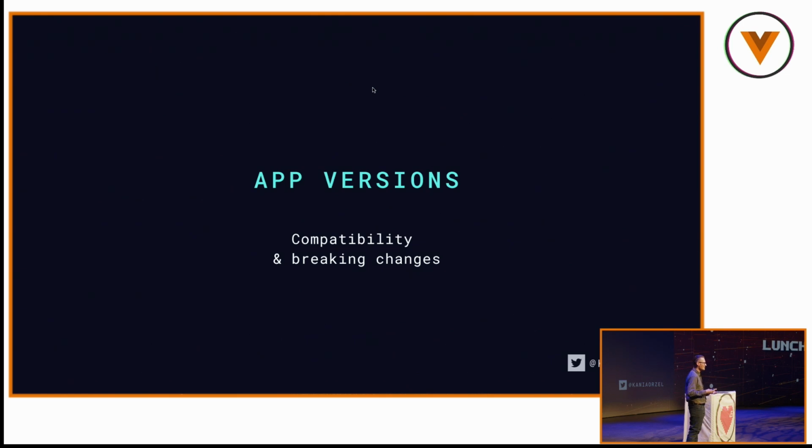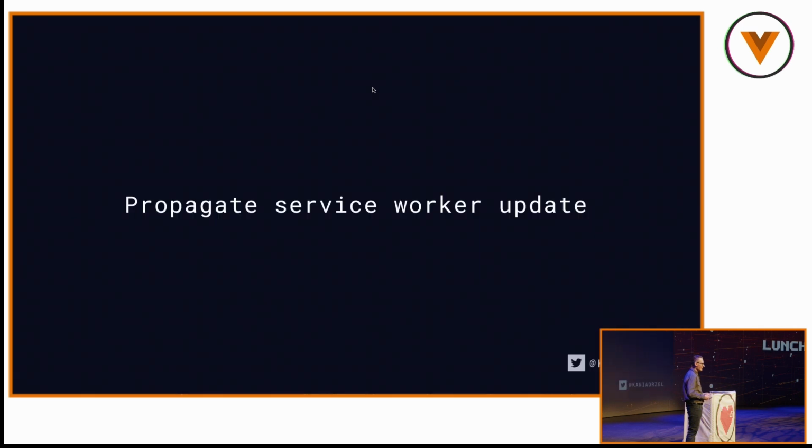So you can't update the content in that way, by reaching the server and downloading everything. So you should think about compatibility and breaking changes. And for that kind of stuff, we introduced Workbox in the previous step, so we could use service worker updates. So you could propagate the update in your application.